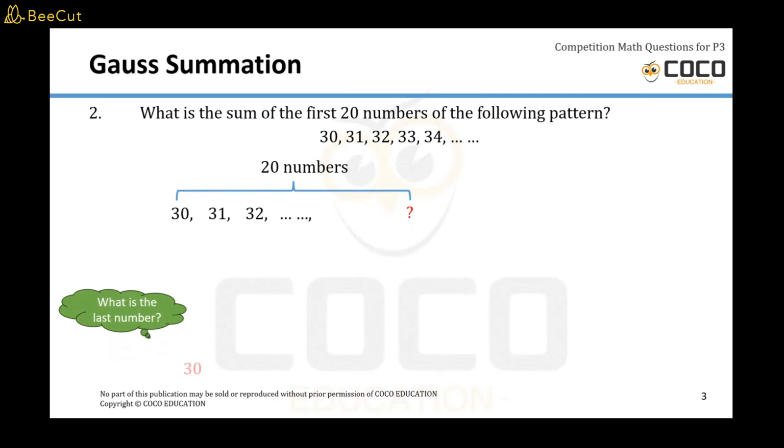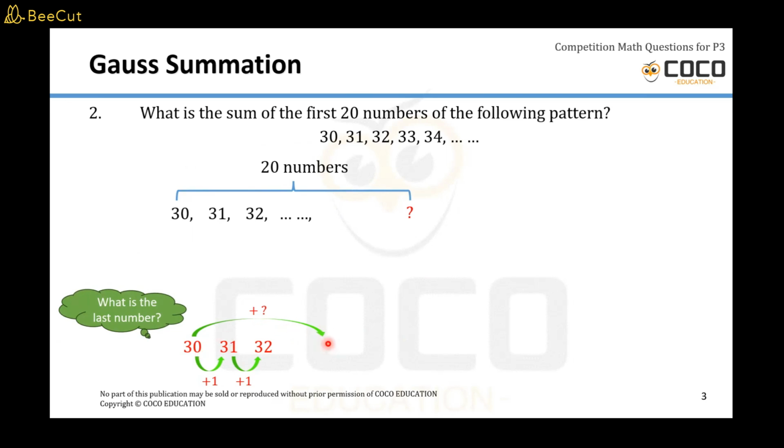From 30 to 31, we notice that the pattern is actually plus 1. So 30 plus 1 equals 31. 31 plus 1 equals 32. And all the way until the 20th number. I don't know how many times we need to add from the first number 30 to get the 20th number.